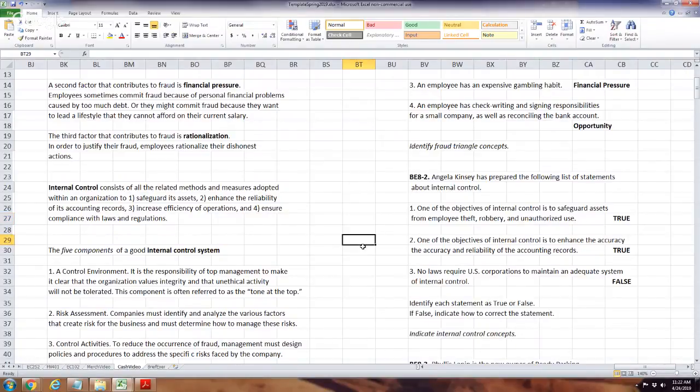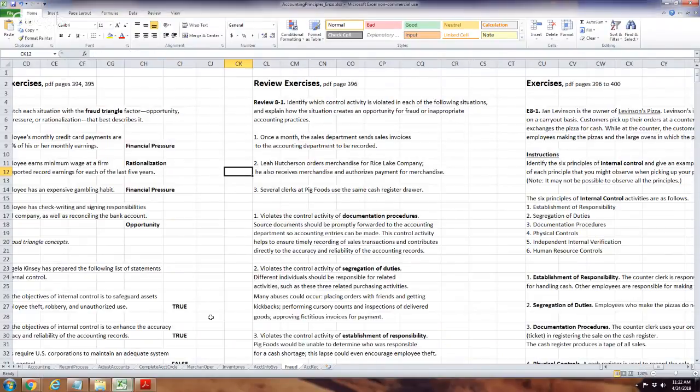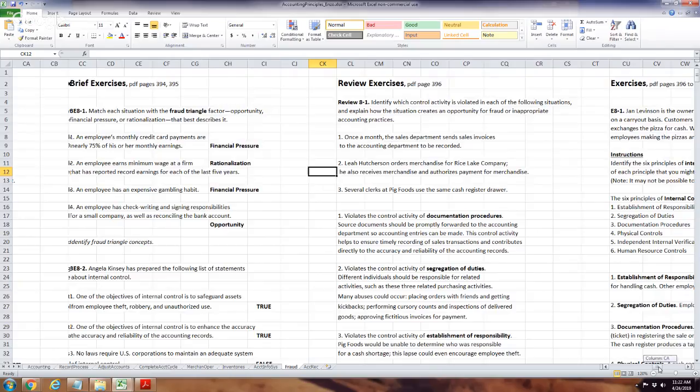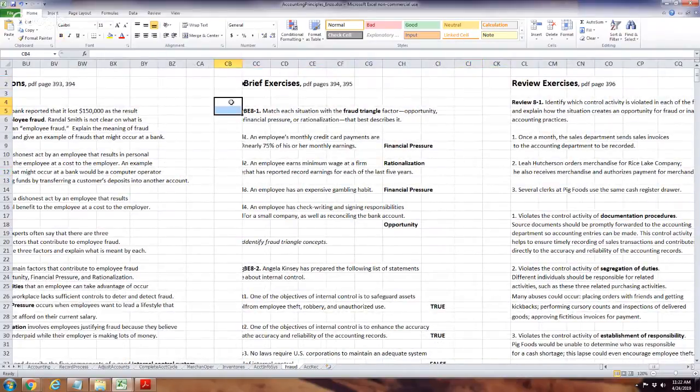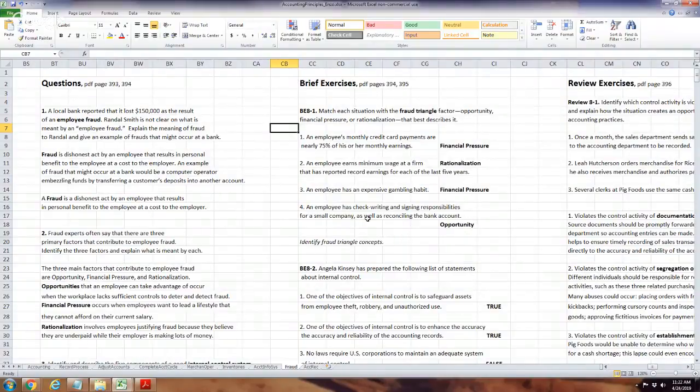That's true. One of the objectives of internal control is to enhance the accuracy and reliability of the accounting records. Actually, this is here twice. Yeah, there it is. I need to change that in my master file. And like I said, it's nice to have these extras here, so you can always fix your master file, because it's sitting right here for you.